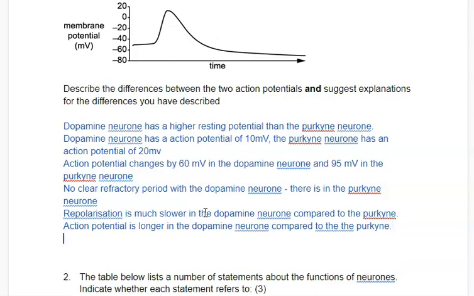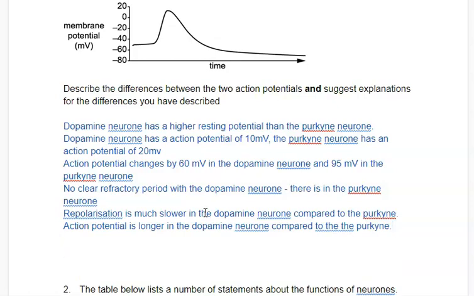So now I need my explanations. As I said before, when we're looking at explanations here, we're looking at those sodium-potassium pumps, and we're looking at the channels and the movements of those sodium ions and those potassium ions. So what could be different about them? Well, there could be a different number of sodium potassium pumps.